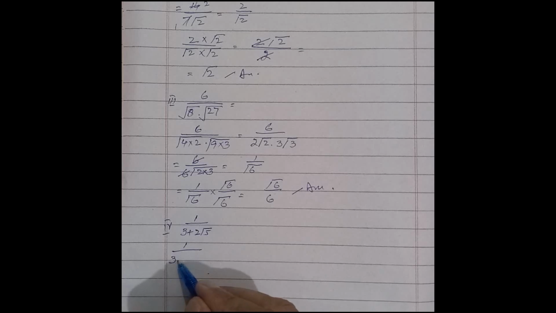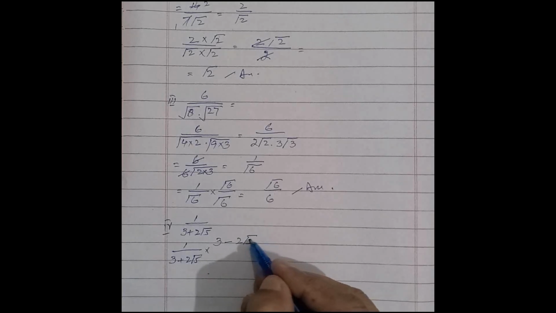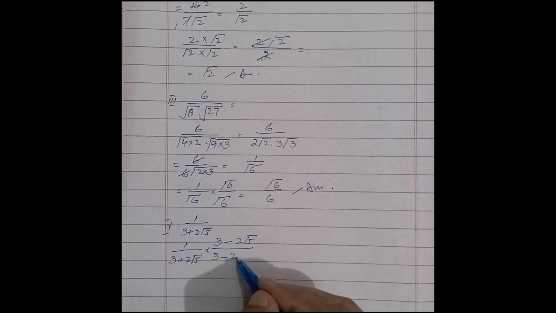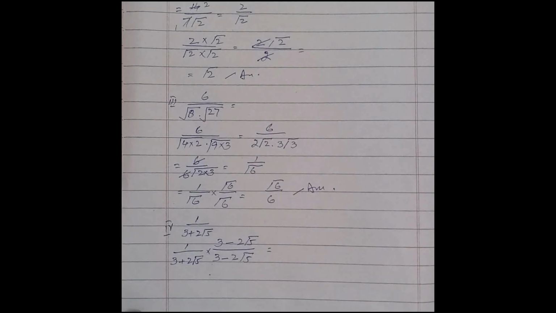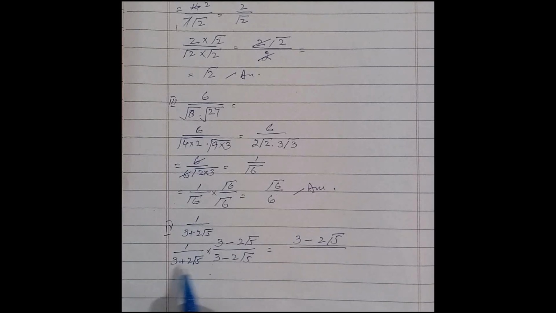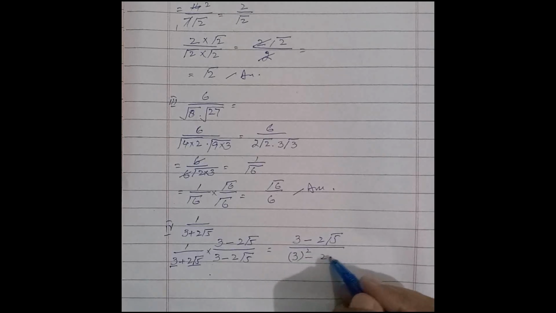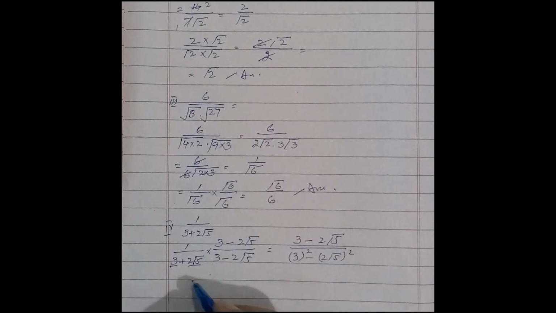We have 3 minus 2 square root 5 in the numerator, and in the denominator we have a plus b into a minus b, and we apply the formula of a plus b into a minus b. The answer is a square minus b square. Here 3 is a and 2 square root 5 is b.